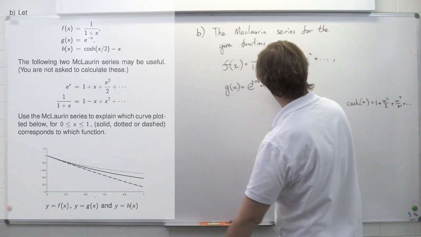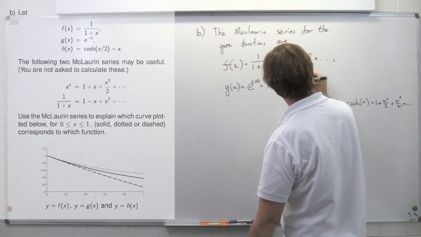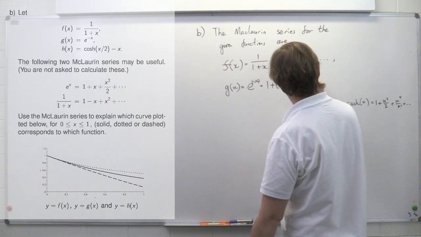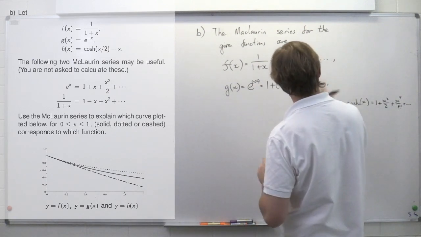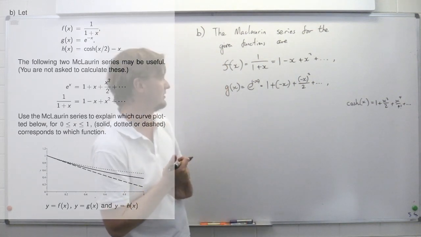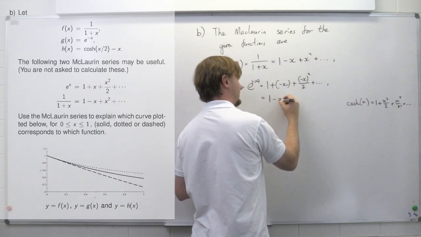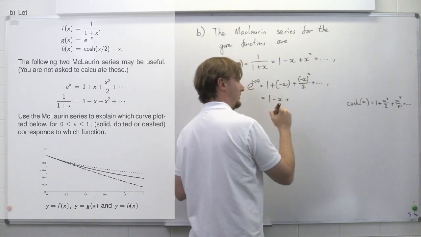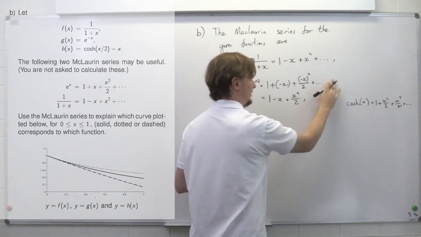It's 1 plus a minus x plus a minus x squared over 2. And again, there are going to be higher order corrections, but we only really want to go up to this term, as we'll see. So that is going to be 1 minus x, and when you square minus x, you just get x squared.